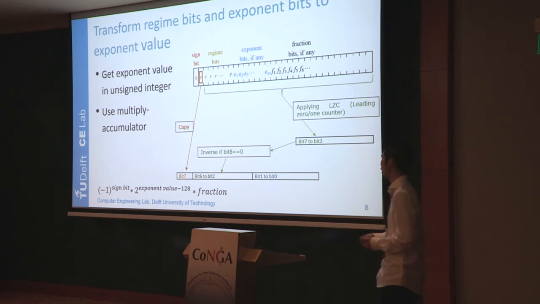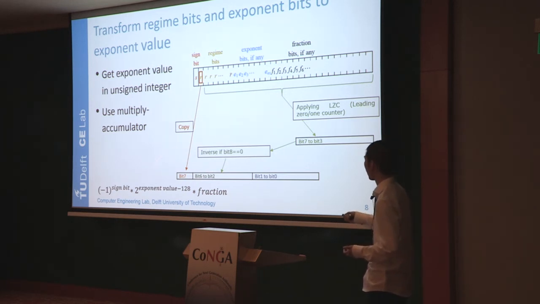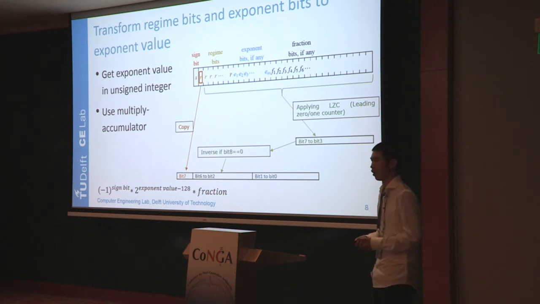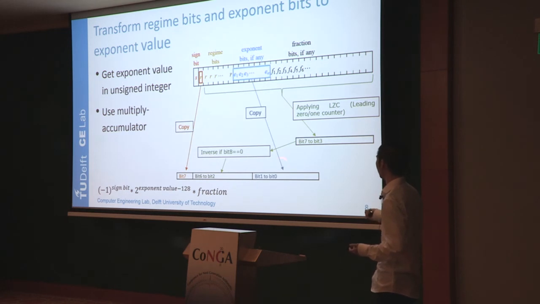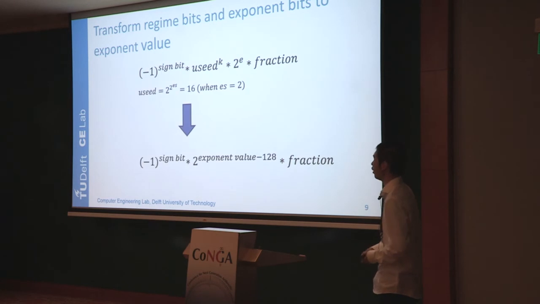And if this bit is equal to 1, it will simply put the result here. And the last step is to copy the exponent bits to bit 0 and bit 1. After this transformation, the format of the number will become like this. And now I will do the calculation based on this format.